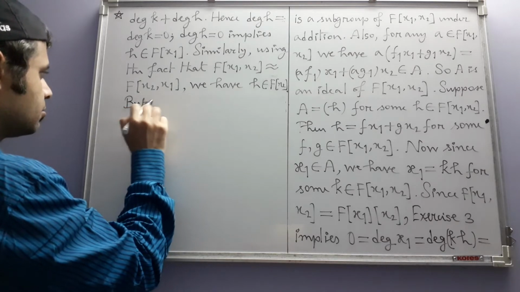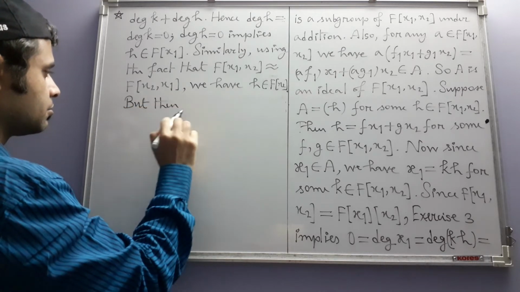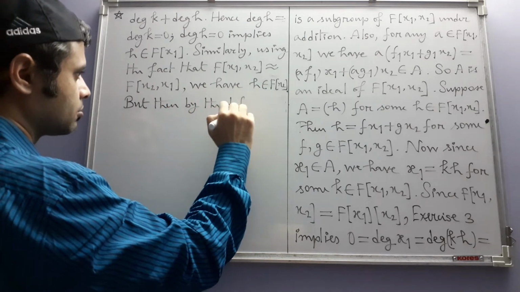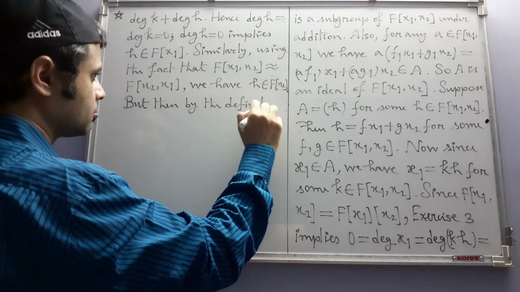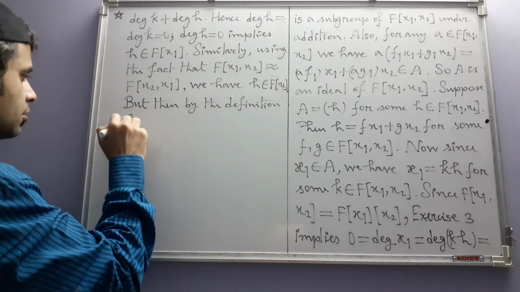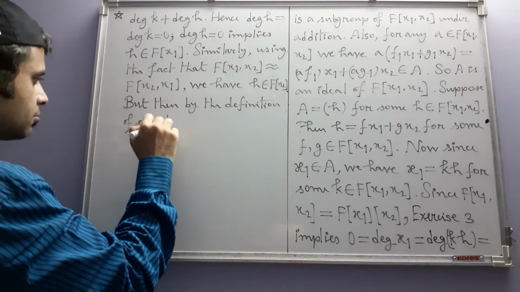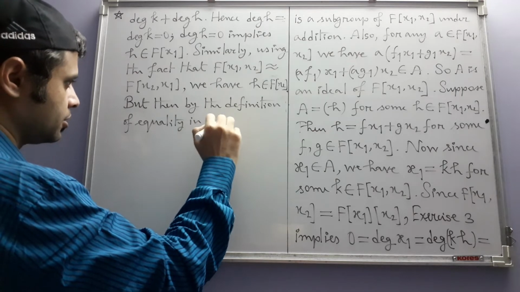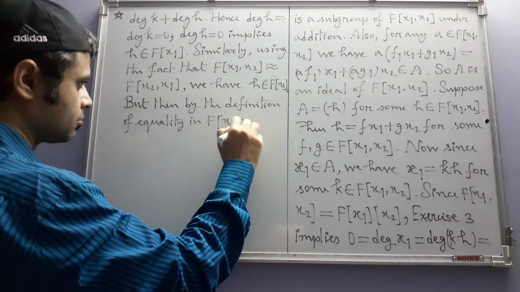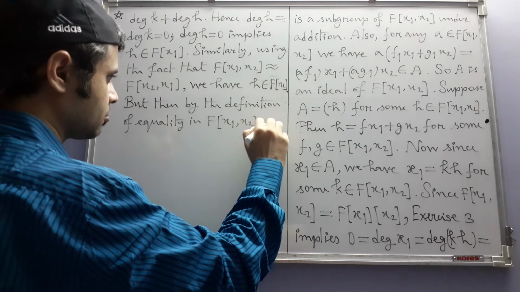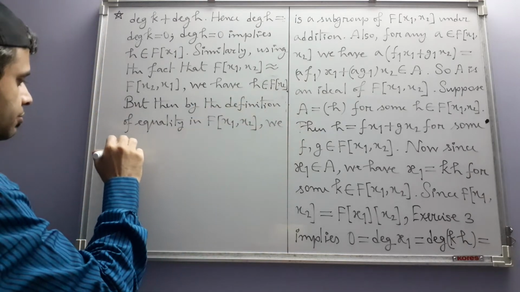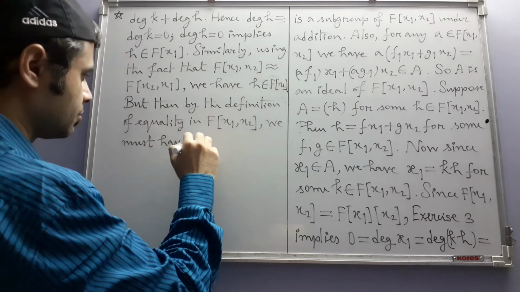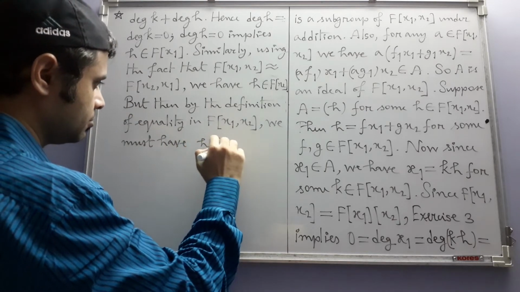But then by the definition of equality in our original ring, we must have h belonging to f.